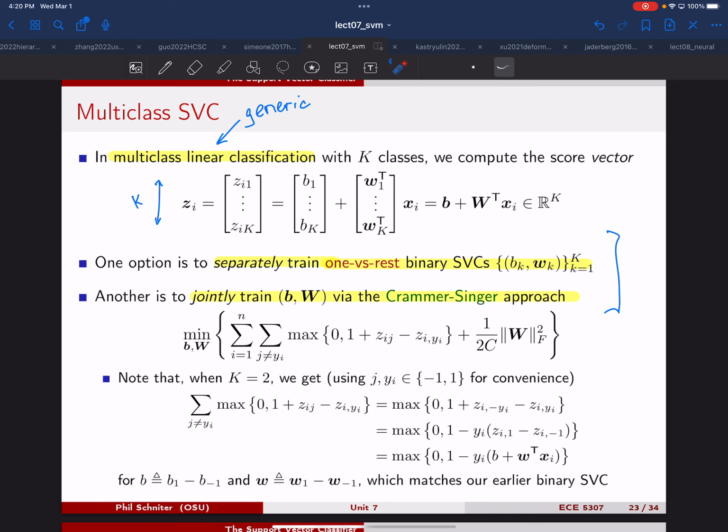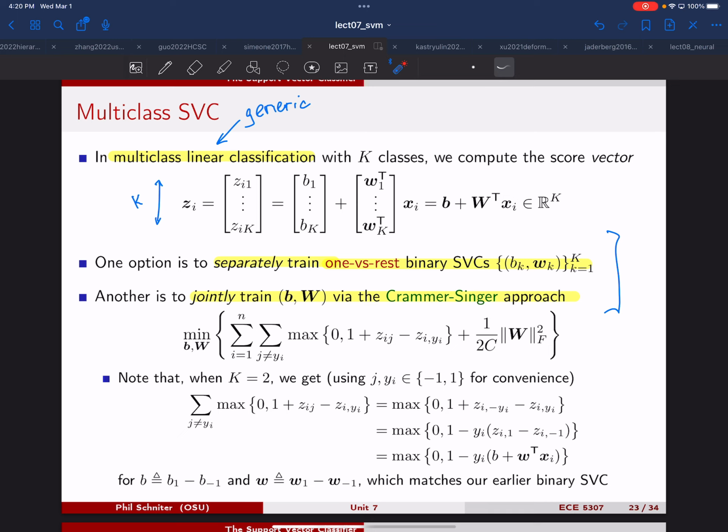Okay, so let's take a look at this. Just to convince you that this is the same, for this little derivation, we're going to assume, rather than yi going from 1 to k, it's notationally easier to think of yi as either 1 or minus 1. So those are going to be the labels.